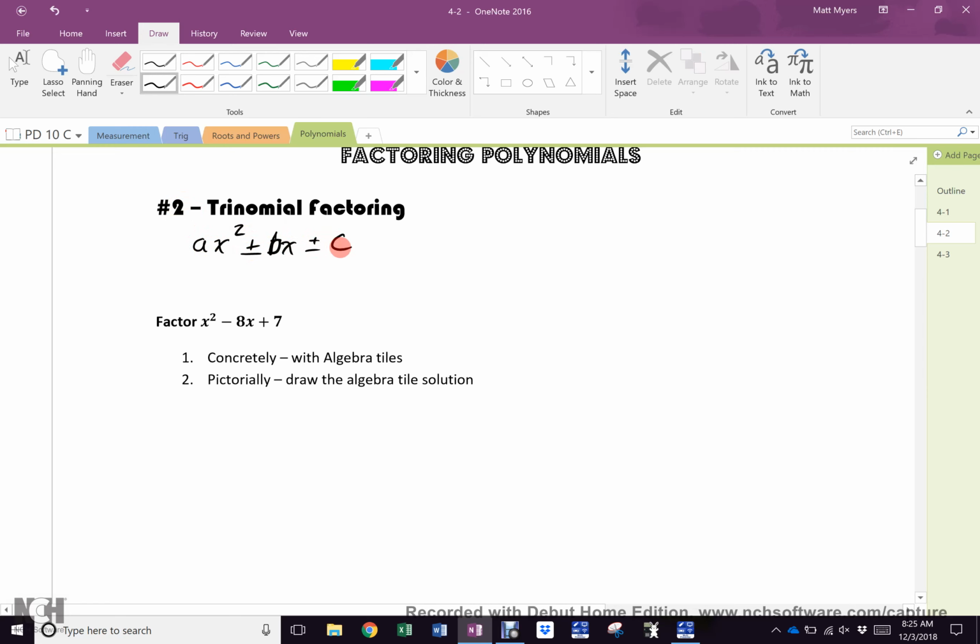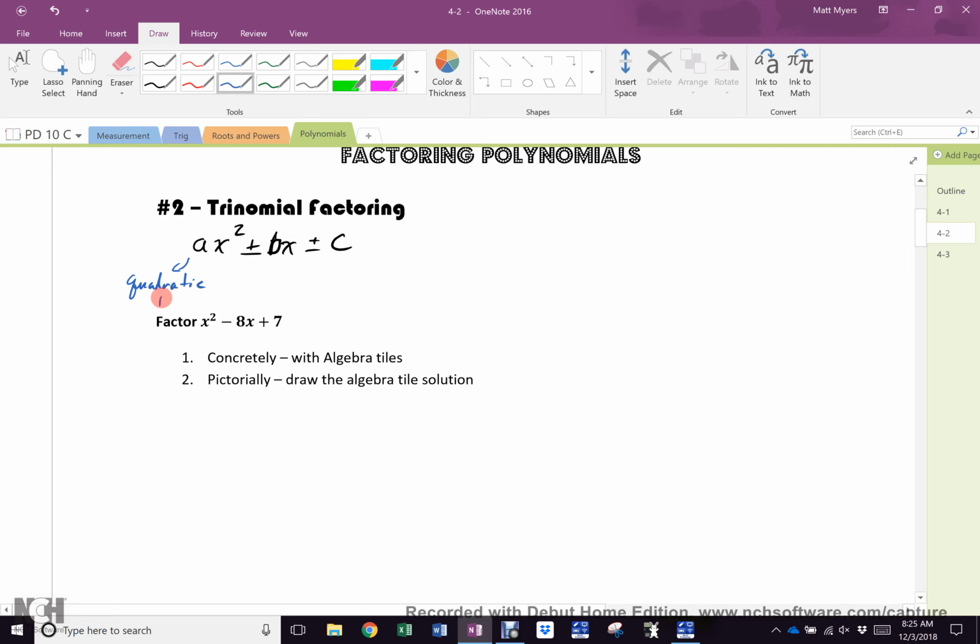A, B, C are numbers, X is a variable. Now, of course, the X can be any letter, right? A is the coefficient that is with the X squared. This is called the quadratic term, which you don't need to know.